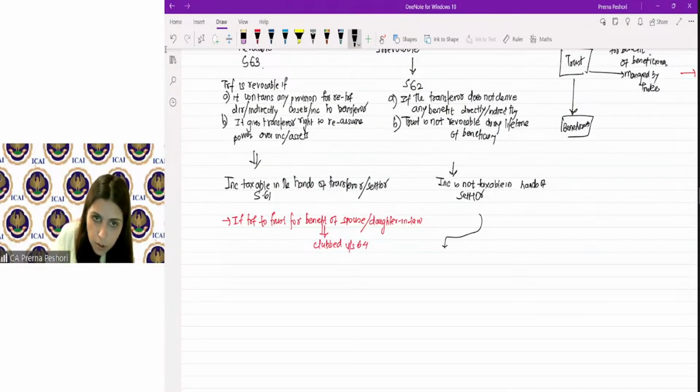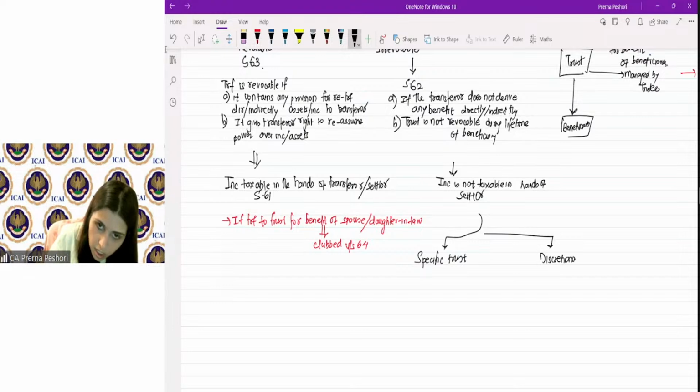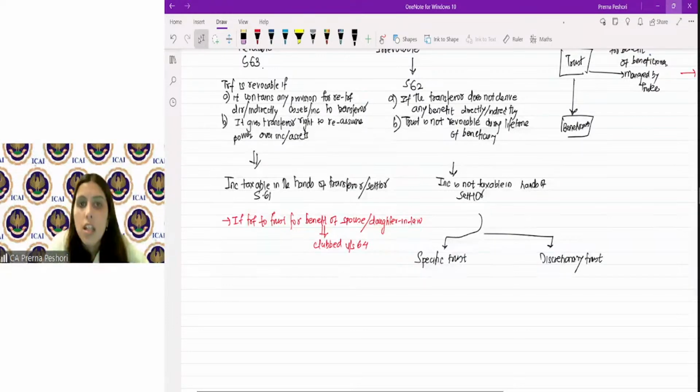Now for the irrevocable trust, again of two kinds, specific trust and then the discretionary trust. Now the specific trust is basically where the shares of the beneficiaries are determinable.